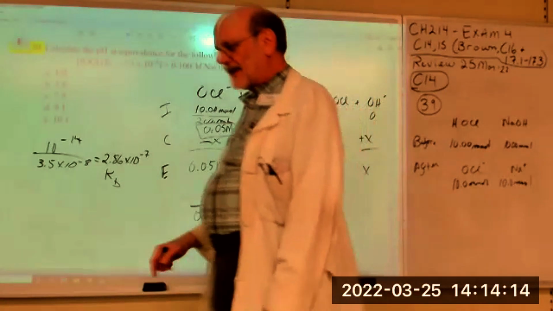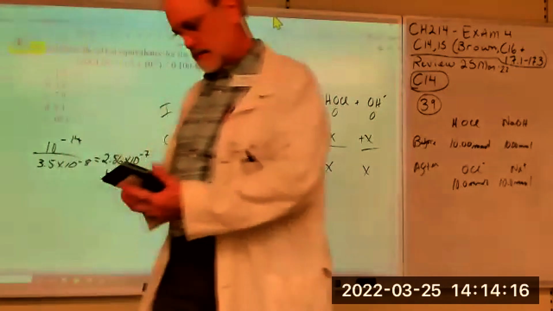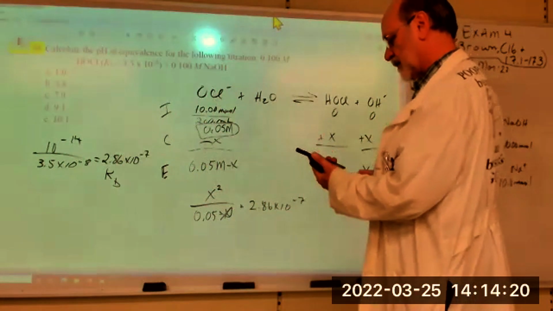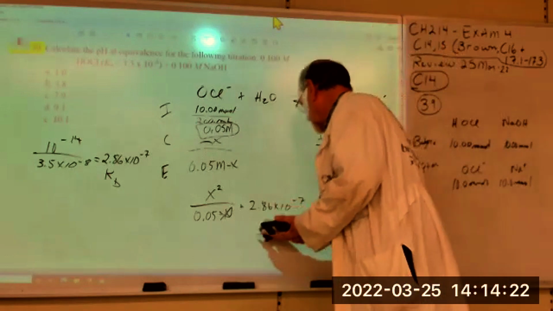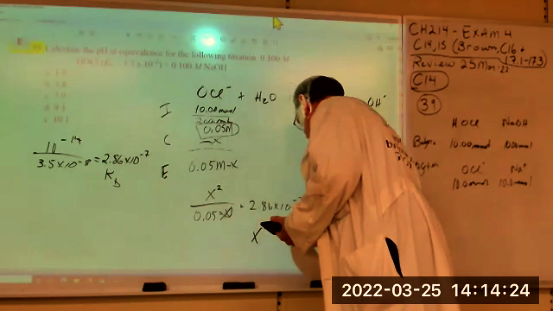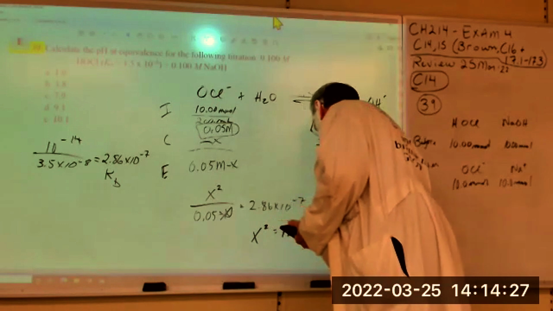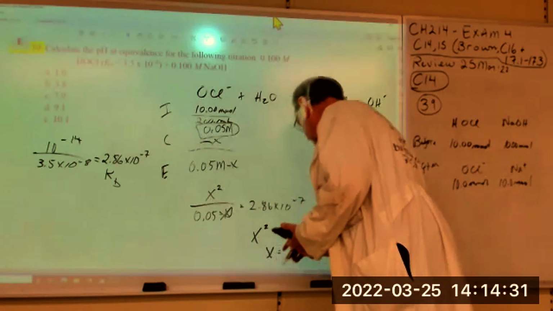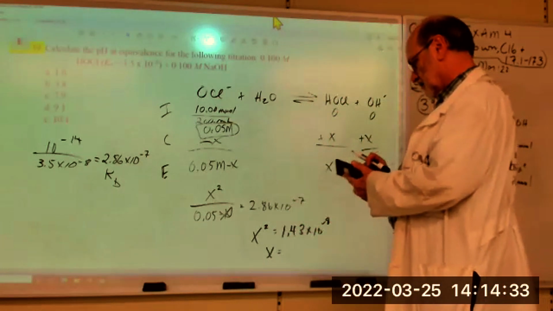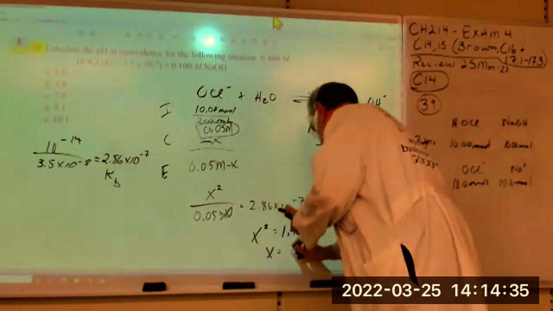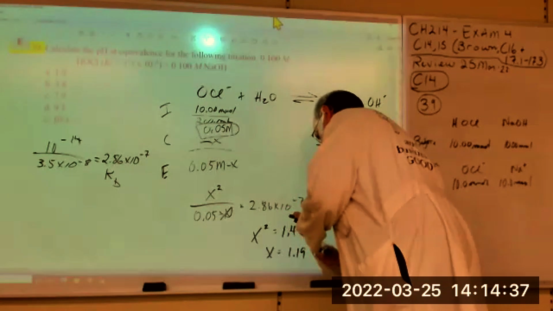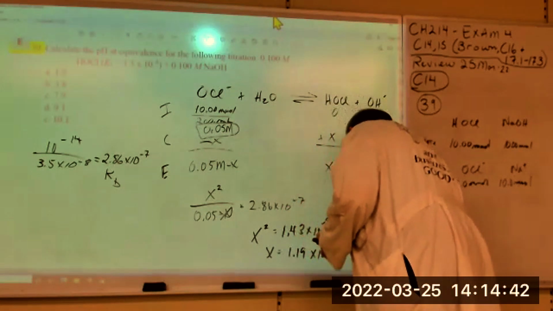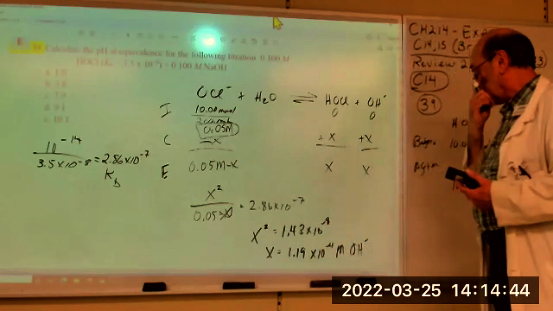So 0.05 times that number is 1.43 times 10 to the minus 8. And then x is equal to the square root of that value, 1.19 times 10 to the minus 4 molar hydroxide.